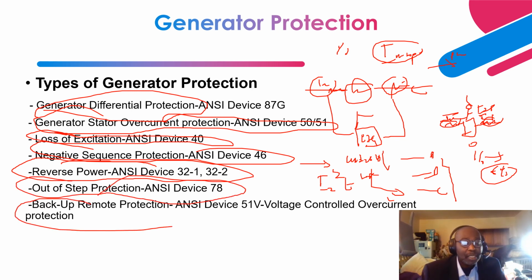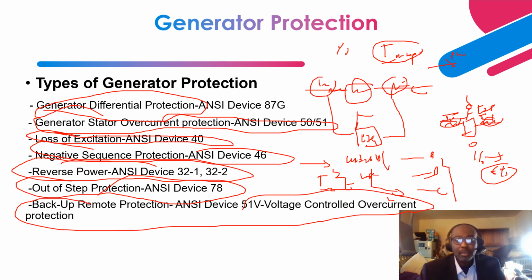Okay. Next is 51V. This one is a backup protection to the differential protection for an external fault, right? So if you should have an external fault all the way inside the grid, and if all the protection elements fail, what is going to happen?